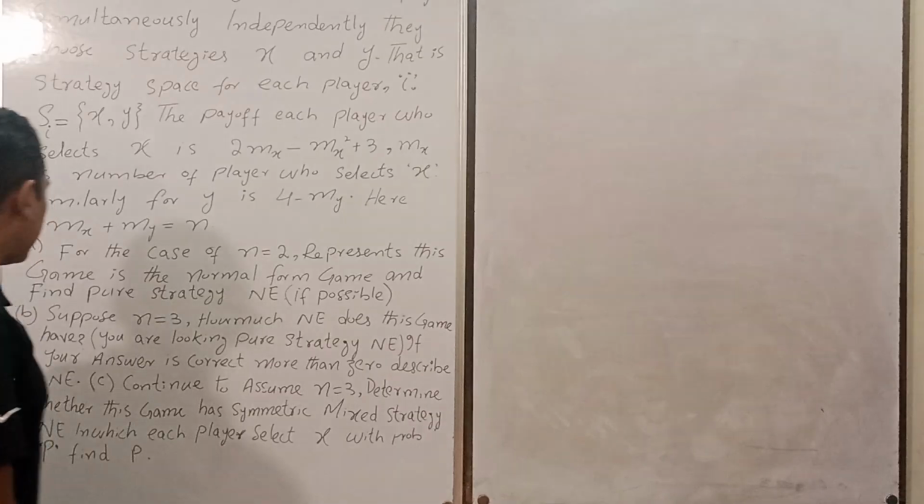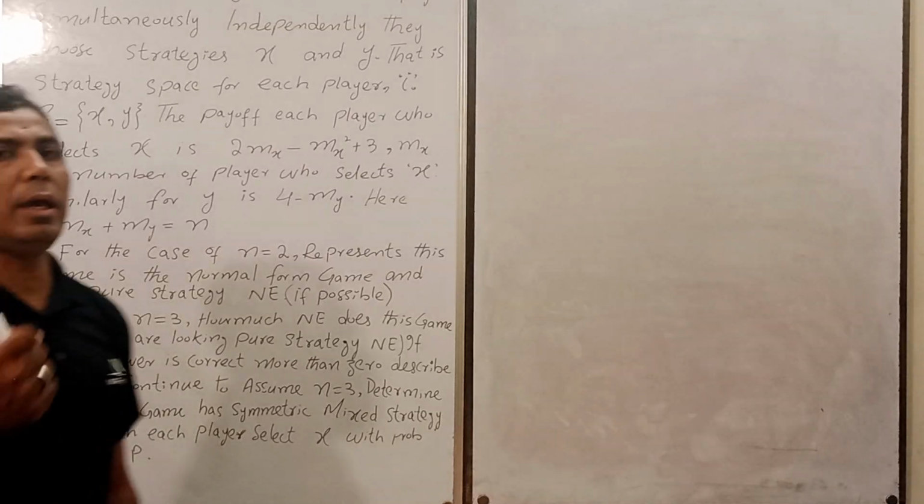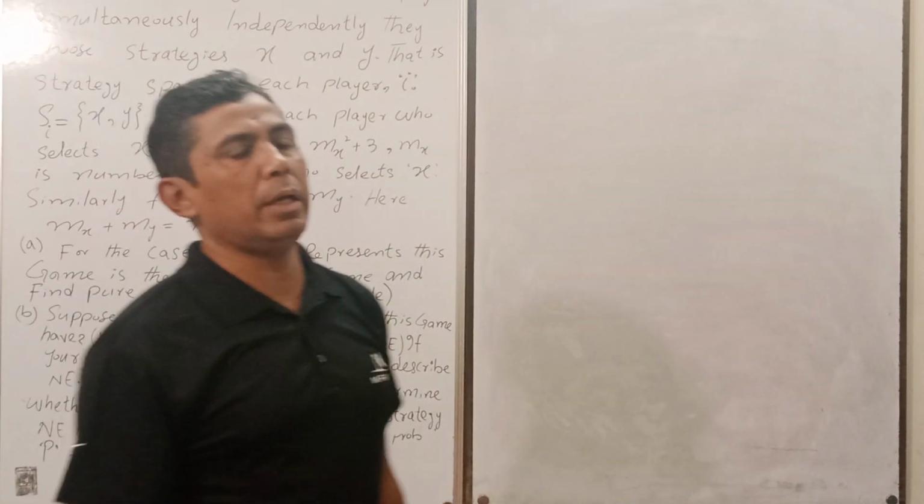Now, second part: suppose n equal to 3, meaning there are 3 players. How many Nash equilibria does this game have?